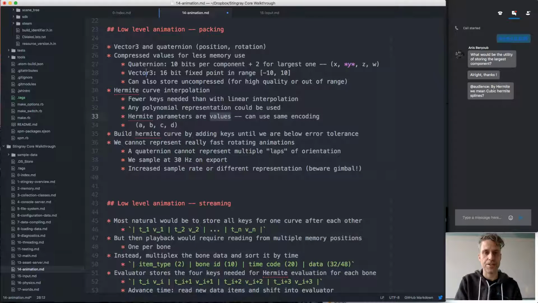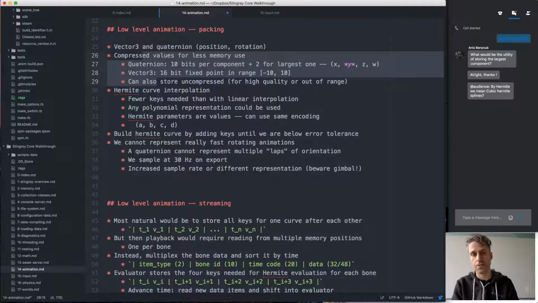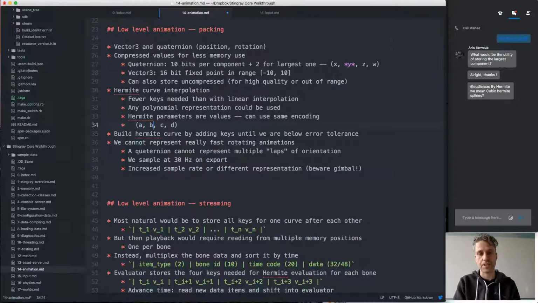So they are actually vector 3s or quaternions, not some higher order thing, which means that we can use the same compression keys for these values. We don't need to figure out special compression values for all these different parameters of the curve, which is really nice. We can just default to our standard encoding. So that's why we use the Hermite polynomials.